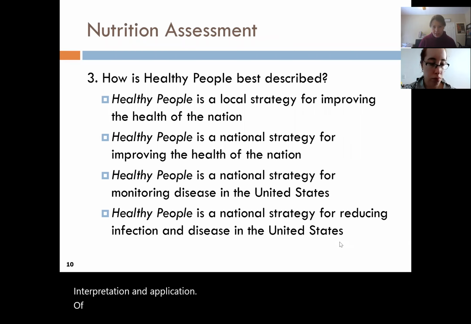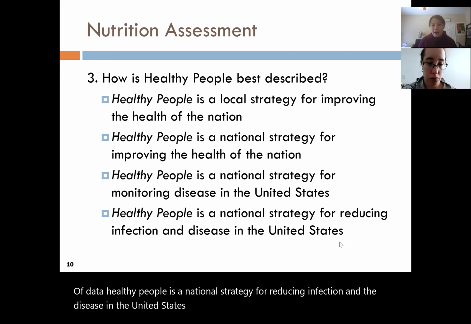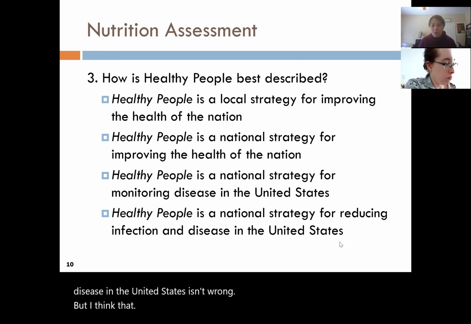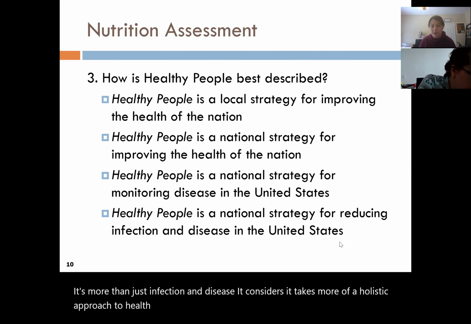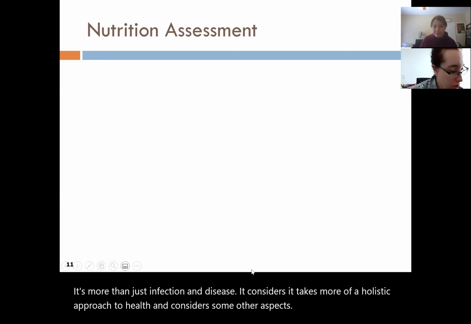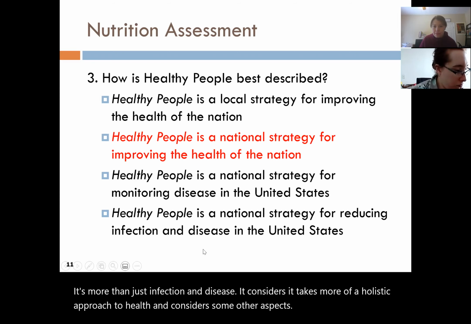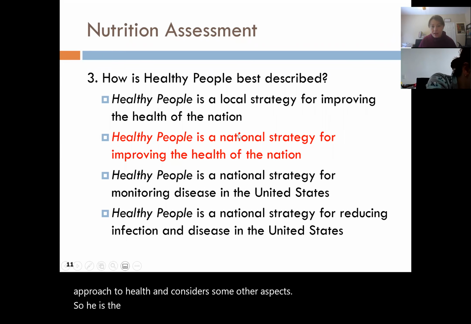Healthy People is a national strategy for reducing infection and the disease in the United States isn't wrong, but I think that it's more than just infection and disease. It takes more of a holistic approach to health and considers some other aspects. So B is the best answer choice there.